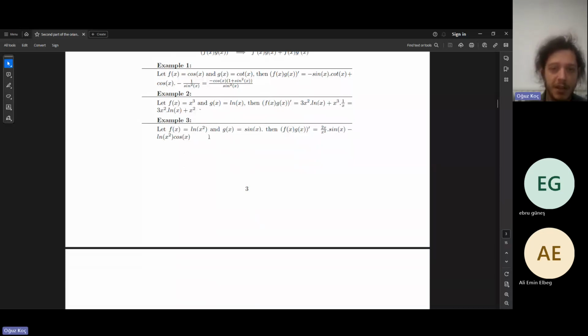And then we have the third example here. In this part, we have a little bit more complicated function.